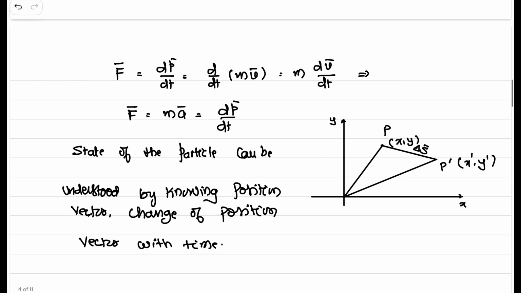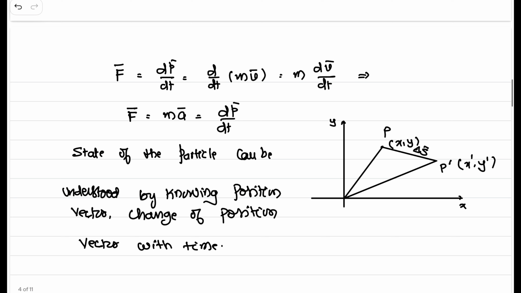That means position vector and rate of change of position vector, these two are required to understand the state of a particular particle. How can you know without knowing the rate of change of positional vector how P moved to P dash in that particular direction? Because the rate of change of positional vector is also a vector and the positional vector is also a vector.